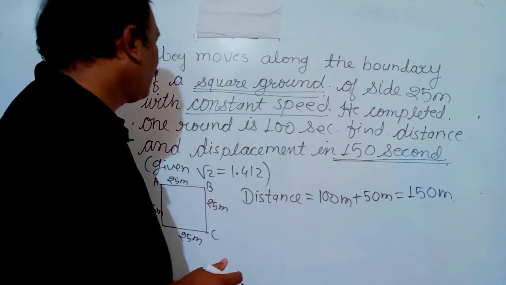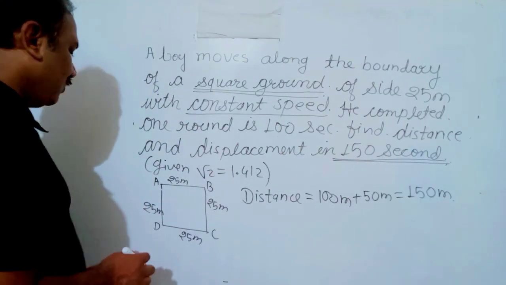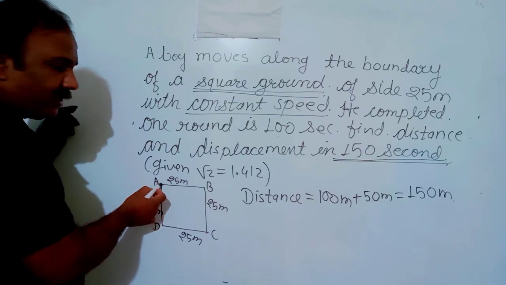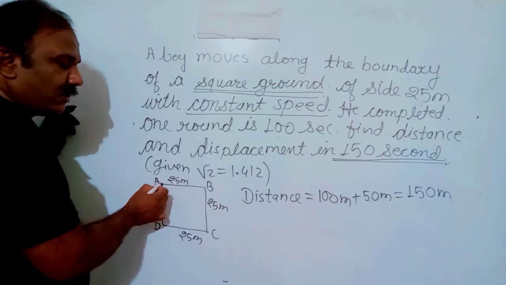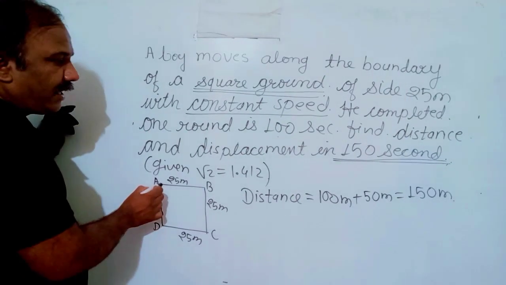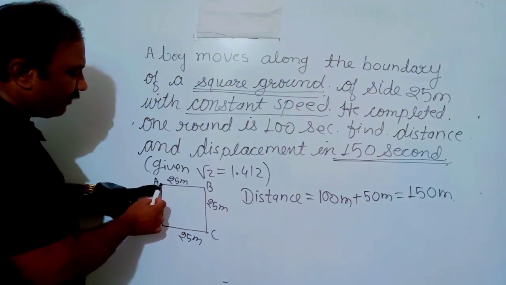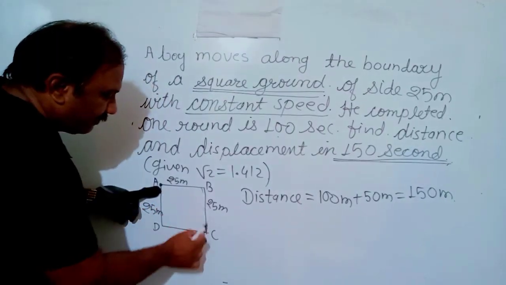Now, what is the displacement in 150 seconds? Let the starting point of the boy be A. After one complete round, the boy will be here, and in 150 seconds, so after 100 seconds the boy will be here, and after another 50 seconds, the boy will be here.